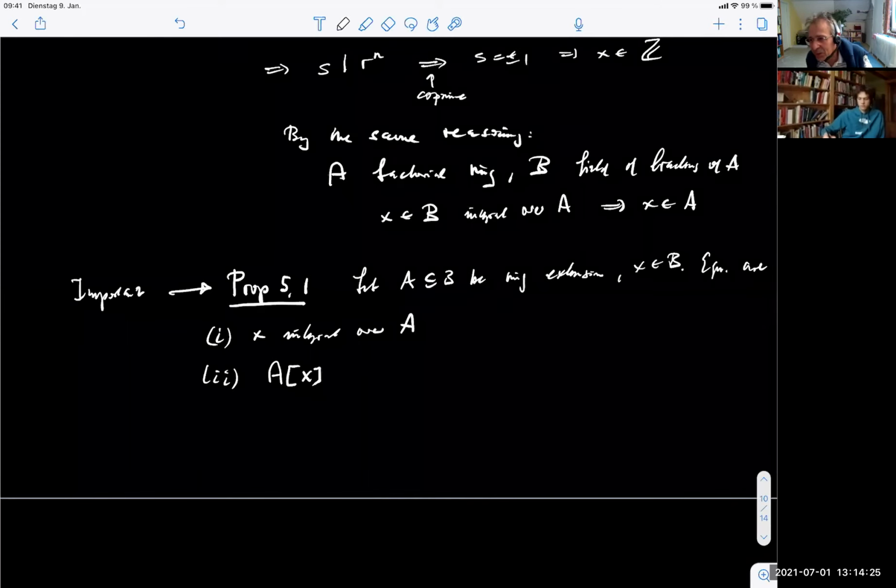So this is not necessarily a polynomial ring. It just stands for the ring generated by x and A. So the elements here are like polynomials in x with coefficients in A, but x is not a variable, okay? So this is a finitely generated A-module.